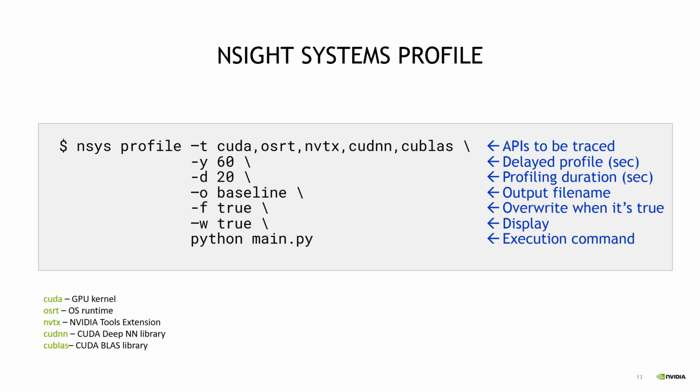The delay option tells the profiler to start, in this case, 60 seconds after the application started. This is to avoid collecting information about, for instance, the warm-up or the loading of the libraries, which is not relevant for your profiling session. For how long you want to profile the application, you can use the option -d, then the output that you want to get, and if you want to have a short summary after the end of the profiling.